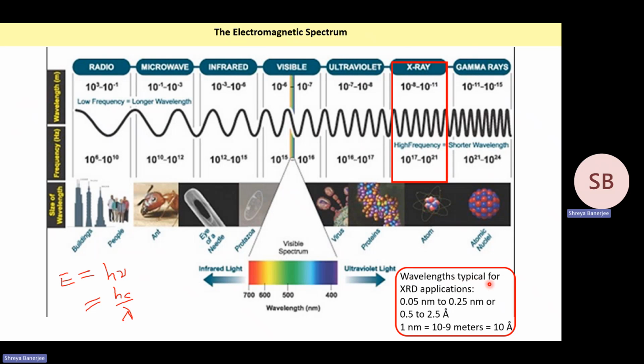The wavelength typically used for XRD, which stands for X-ray diffraction, applications is generally in the range of 0.05 to 0.25 nanometer, or if you want it in terms of angstrom, just multiply it by 10, so 0.5 to 2.5 angstrom. These are the wavelengths typically used in X-ray crystallography, and they help you detect up to atomic level resolution. So this is the entire electromagnetic spectra, and in X-ray crystallography, only waves in this range are important.